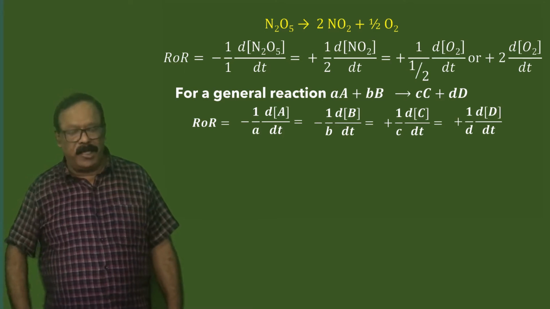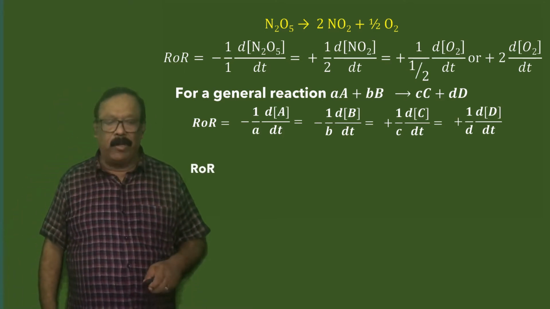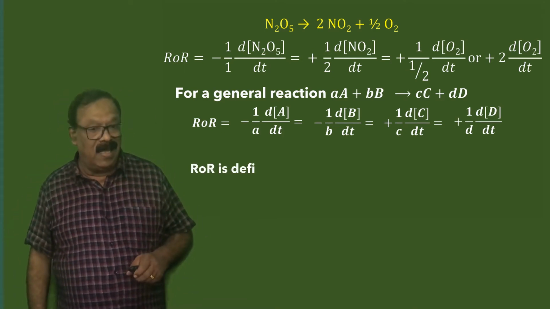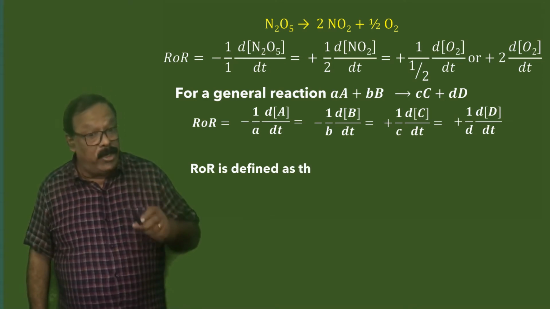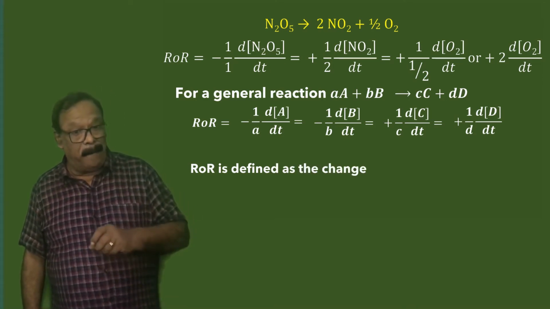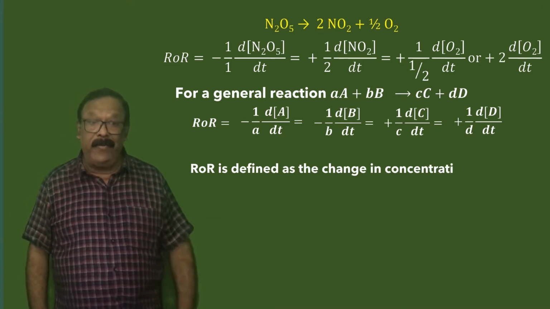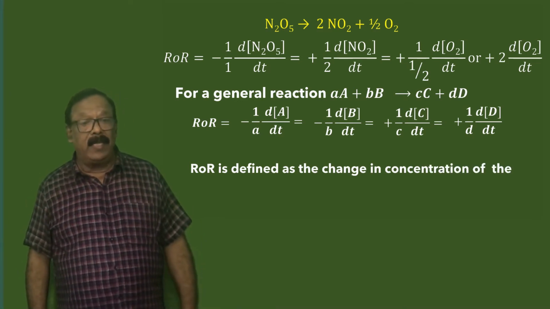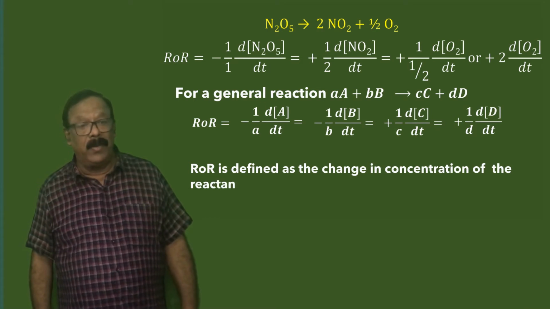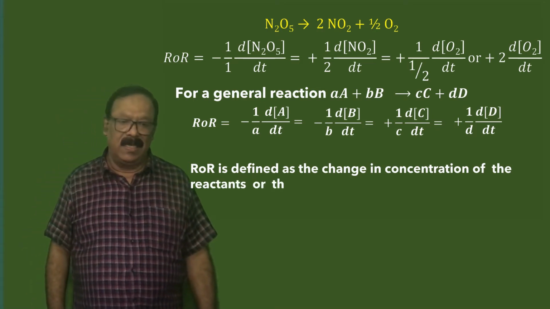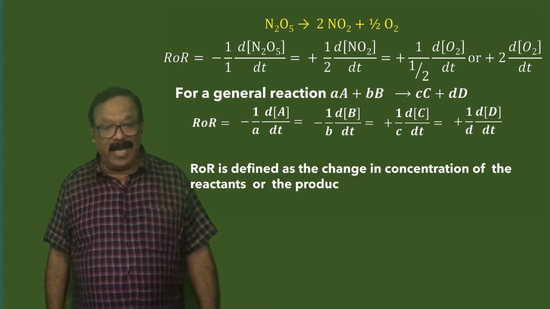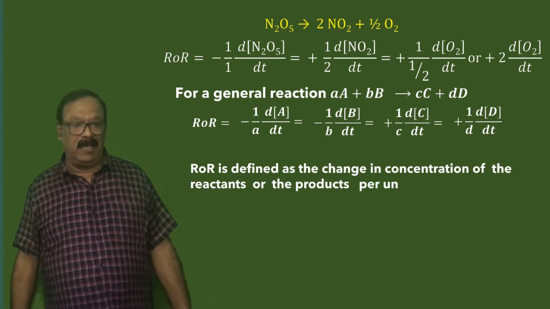Now let us have a definition for the rate of reaction. Rate of reaction is defined as the change in concentration per unit time divided by the stoichiometric coefficients. We can take either of the reactant or the product.